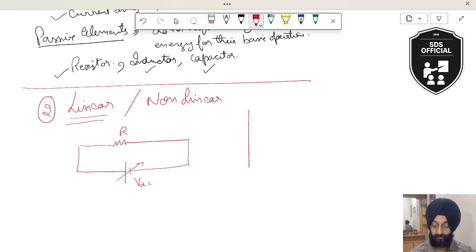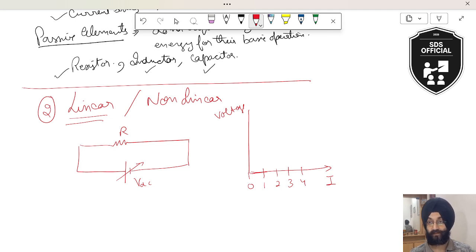What will happen if we plot the graph between its applied voltage and current? Let us say the graph has been divided in this kind of values: 0 ampere, 1 ampere, 2 ampere, 3 ampere, 4 ampere. Although the current and the voltage will not be the same as when we perform these experiments practically.